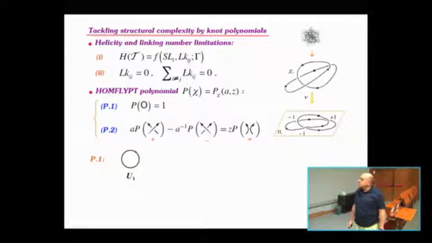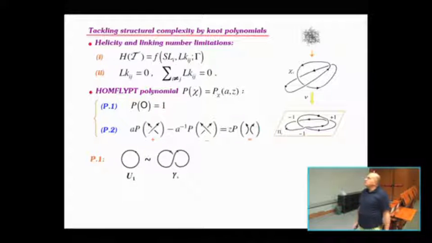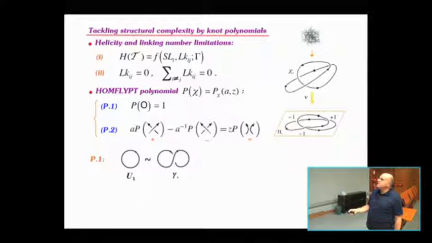I'll start with the first one. The very simple configuration is the unknotted, unlinked circle, U1, and you say immediately, well, there is nothing to compute there, because the polynomial of this is 1. If I deform it continuously into this figure 8 with a positive crossing here, you will say that probably this is 1 because it's topologically equivalent to the other. So indeed, this polynomial is 1.